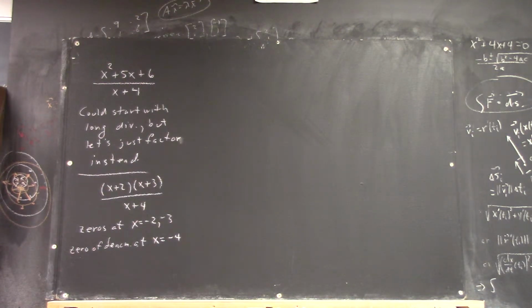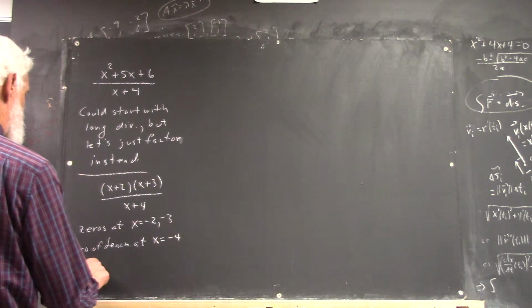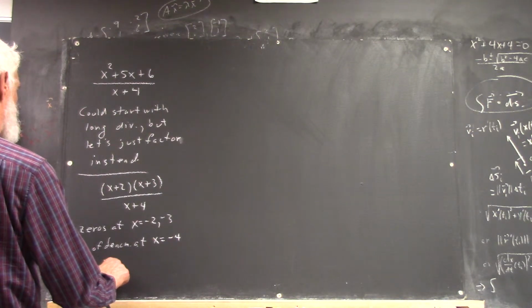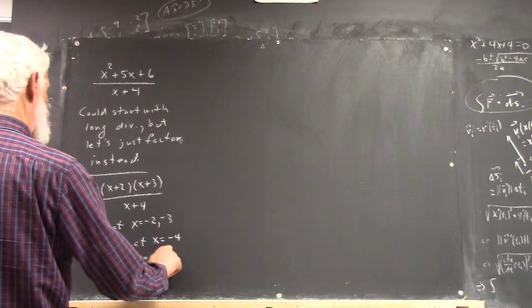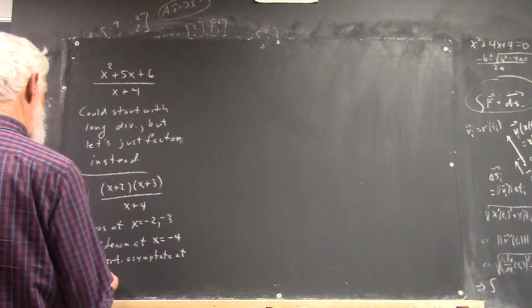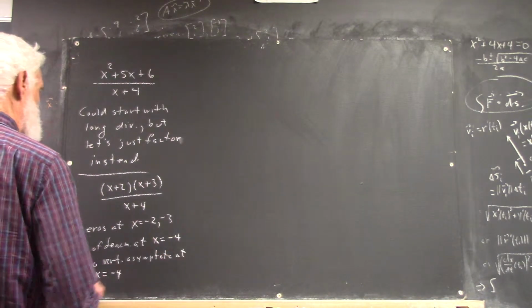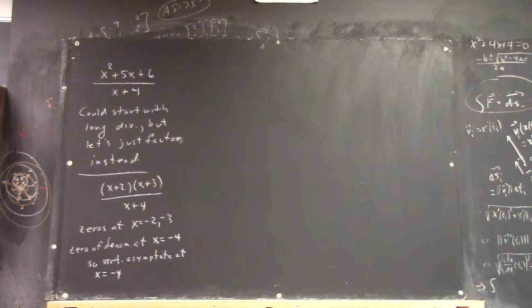Okay? So vertical asymptote at x equals -4.